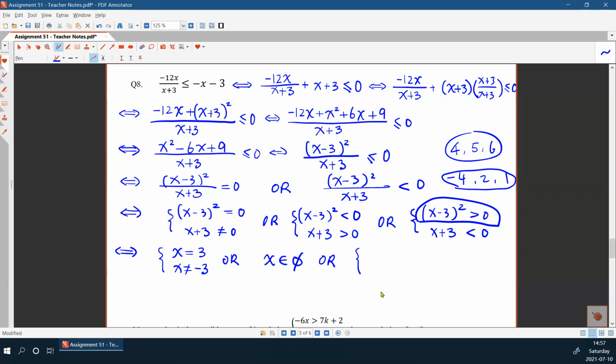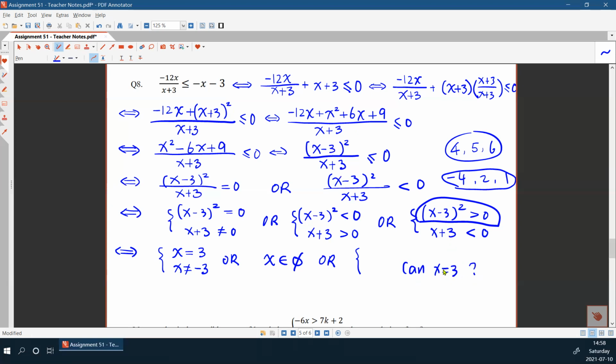So can you tell me what is the solution here? Okay, let me ask you, can x be 3? No, why?